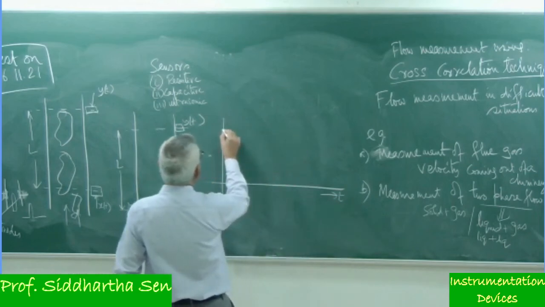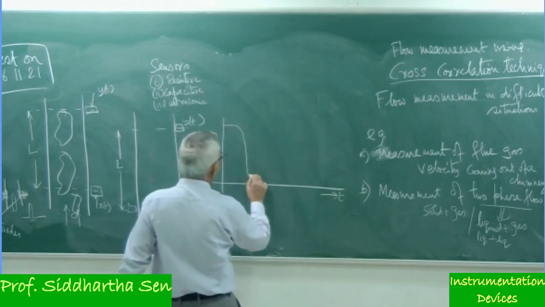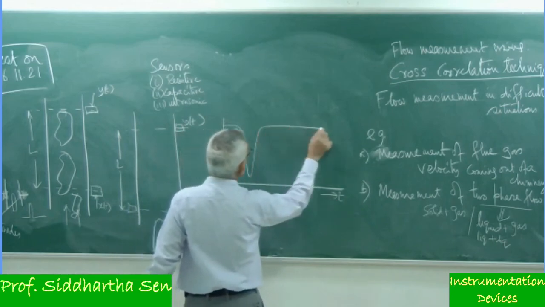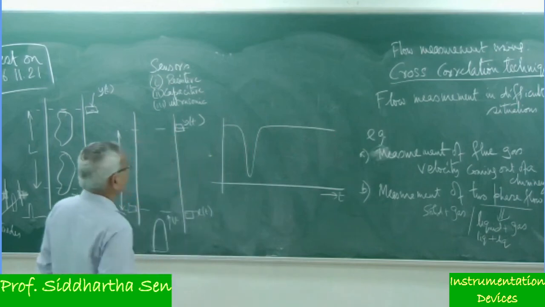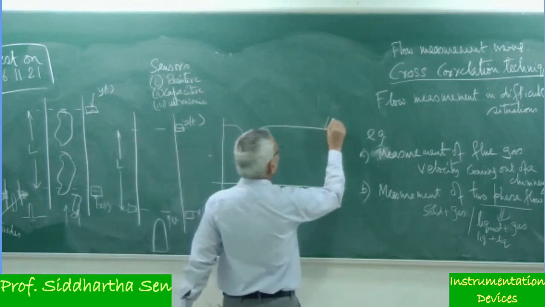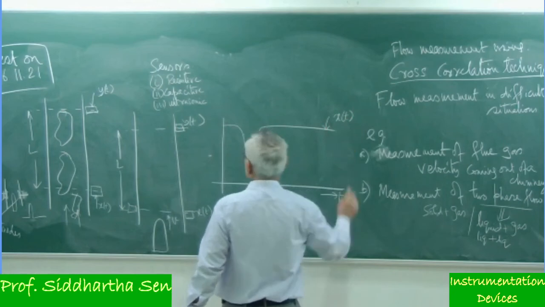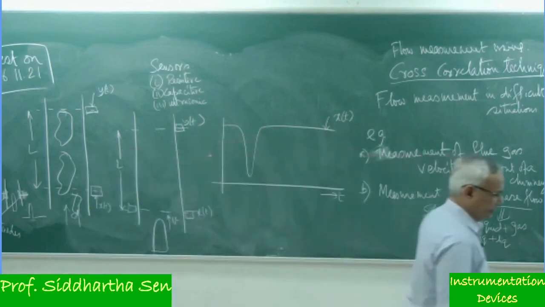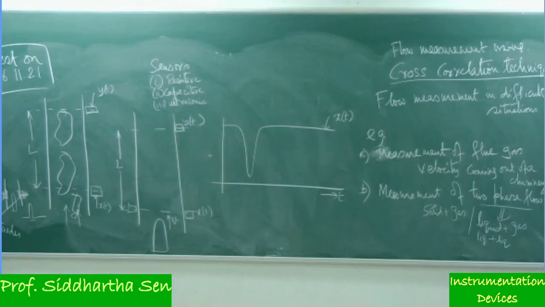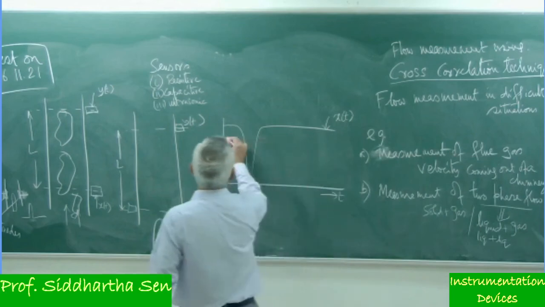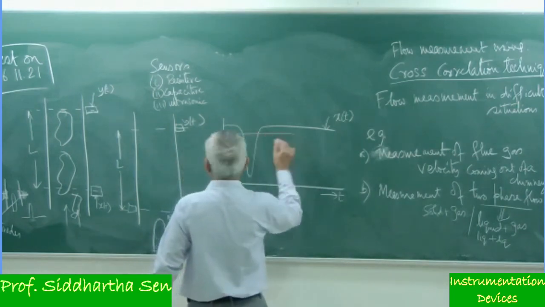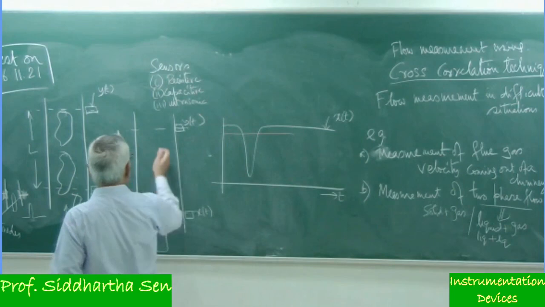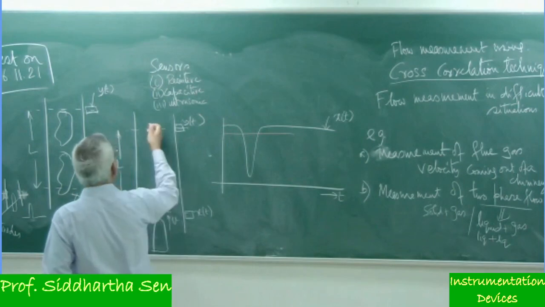We will see that as the bubble passes, there will be a change in voltage or the output, and this is for x(t). For y(t), maybe the sensitivity is different, so we will get something similar, but the bubble will take some time to cross from this point to this point.